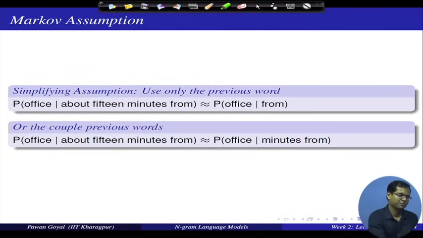This is a simplification that we are making. Why are we doing that? Because now it is easy to compute the probabilities. What are the words that come after from, and what fraction of times office comes after from. But it was not possible when I was conditioning on 4 previous words, because I was probably not seeing them enough in my data. So this helps us give a better estimate of these probabilities.